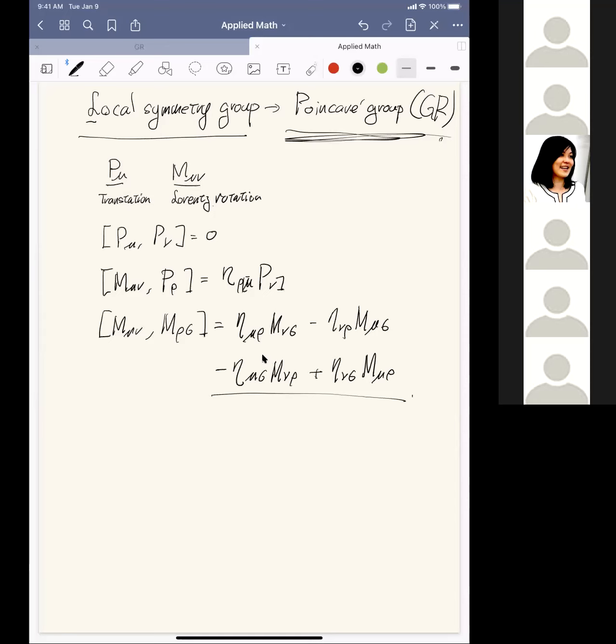So these are just the usual Lorentz generators, and P_mu are the translation part. Now, how do we usually represent our generator? For the translation part, of course, we usually represent our generator by translation, right?